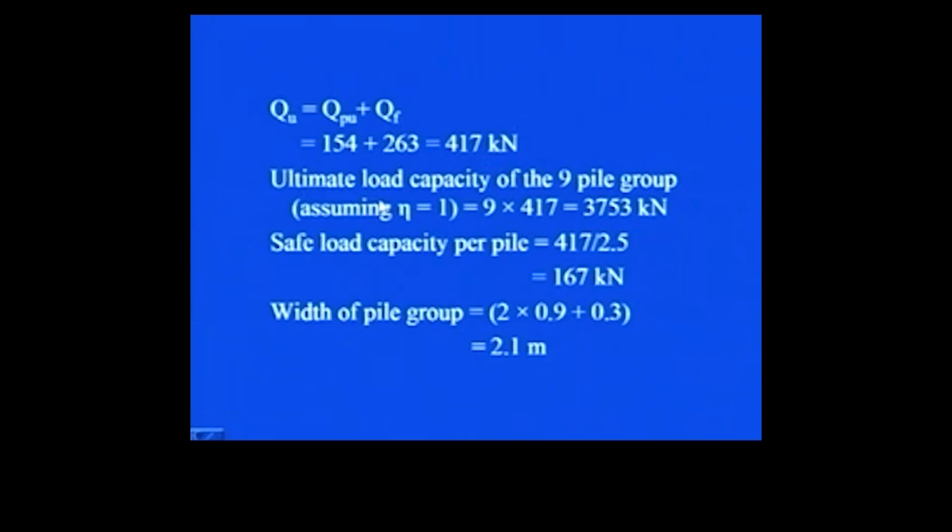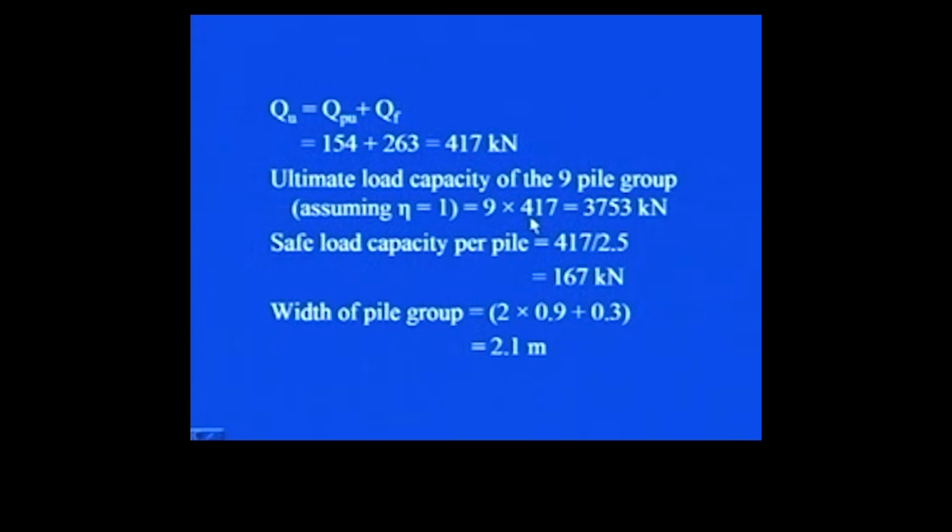Now since it is sand, we have seen that the efficiency, which is eta, can be assumed to be 1. So in this case, if I assume that to be equal to 1, the ultimate load capacity of a group comprising 9 piles will become 9 times the load carrying capacity of one pile, because we are assuming the efficiency to be equal to 1.